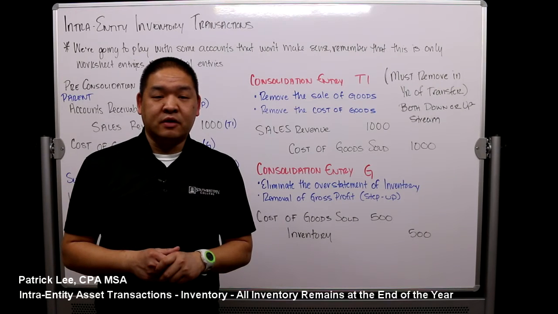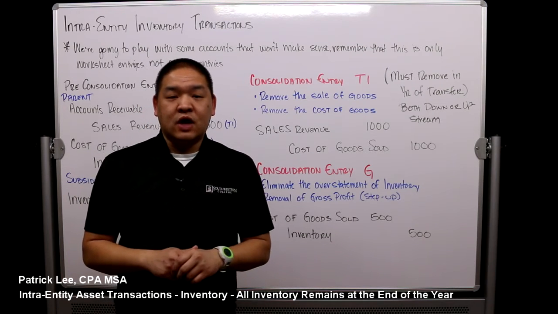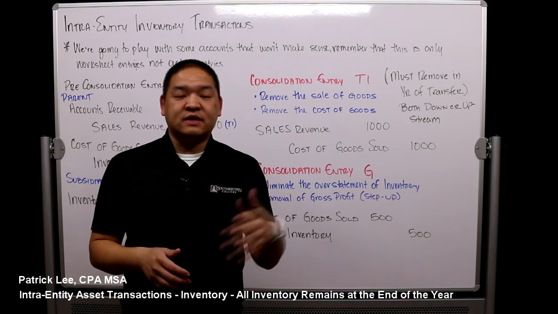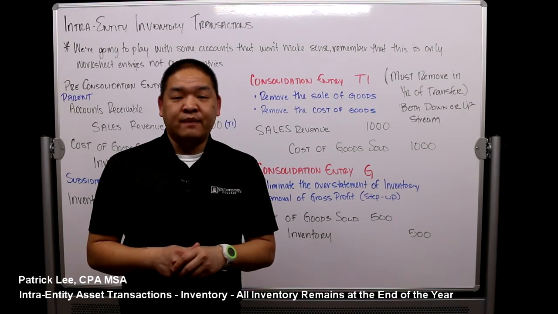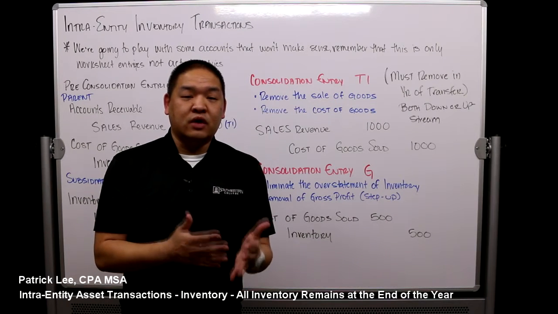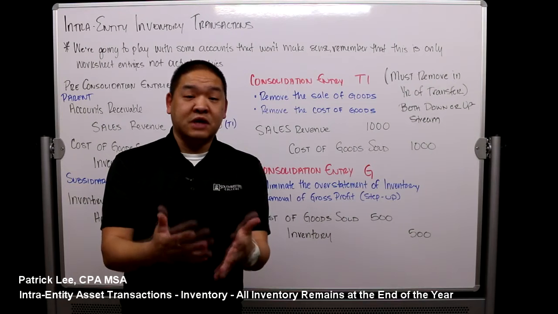So to give you a little background, in this video, we're going to talk about a situation in which a parent sells a subsidiary inventory, and at the end of the year, all of that inventory hasn't been sold. And when I mean all of it, I mean 100% of it.